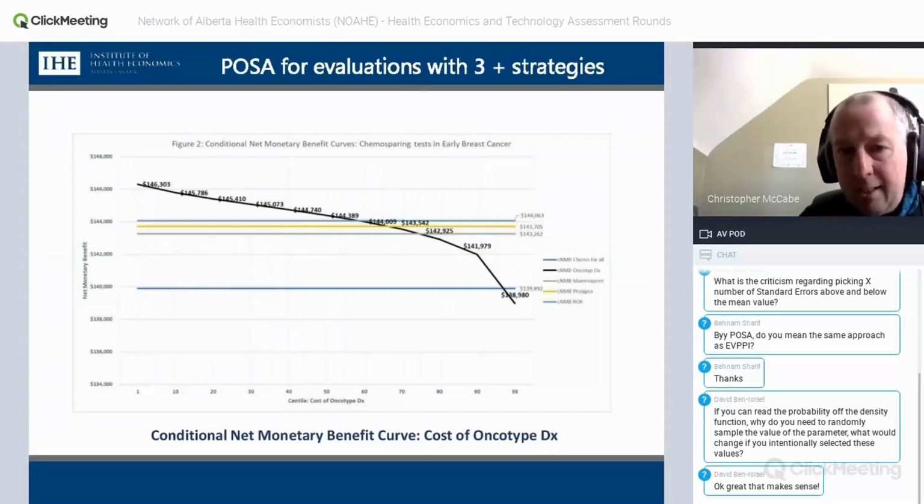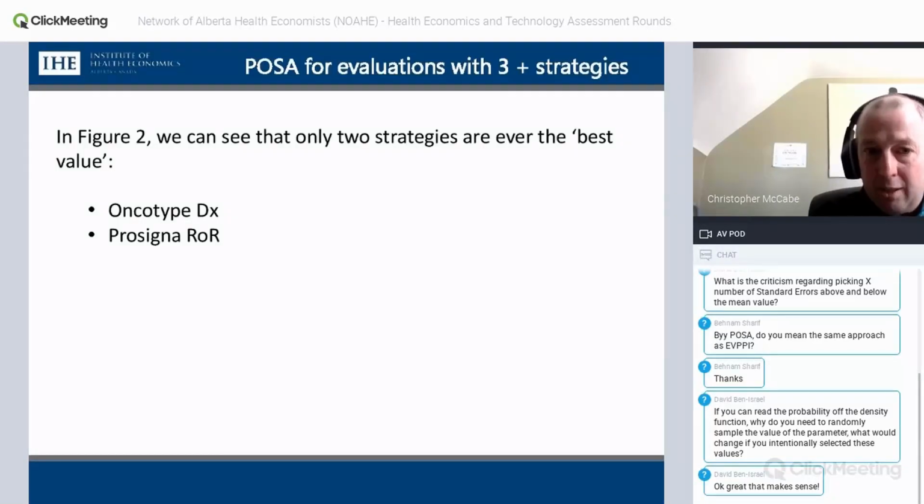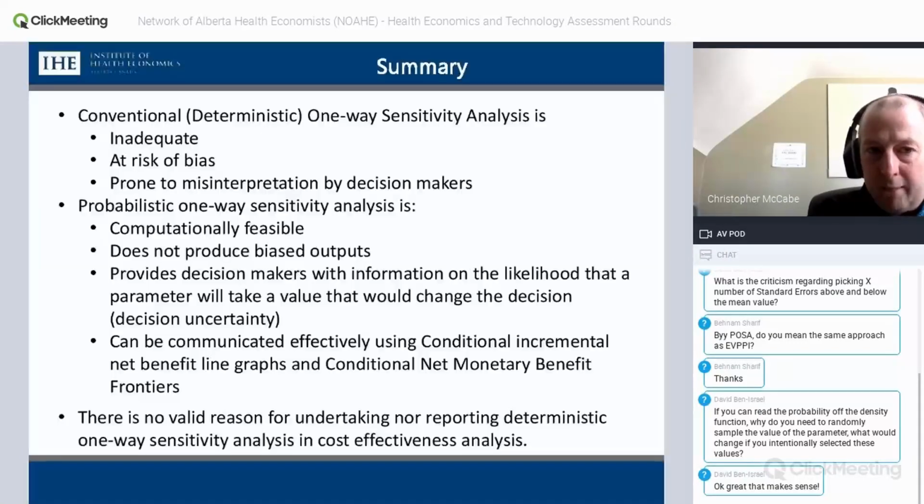But after that, it's Prosigna risk of recurrence that's the best value. So we can drop the other curves because they are not relevant to the decision, because they're never the best value strategy. We just have to look at Oncotype DX and Prosigna ROR, the risk of recurrence score for Prosigna.